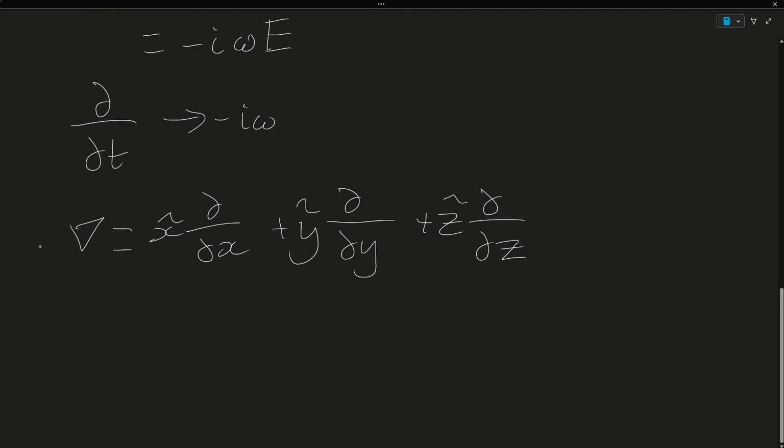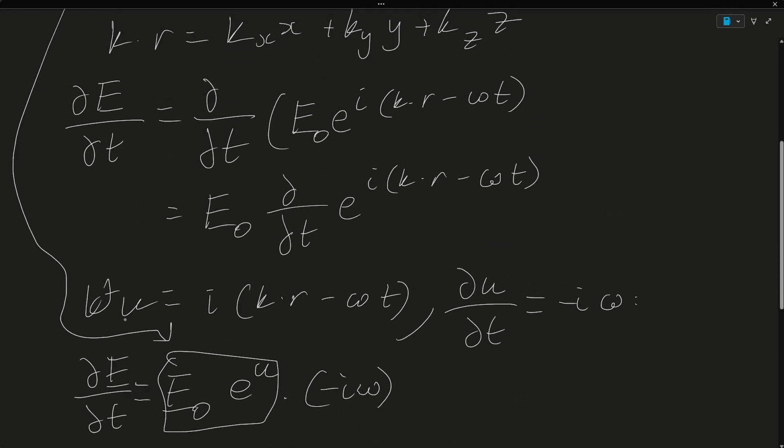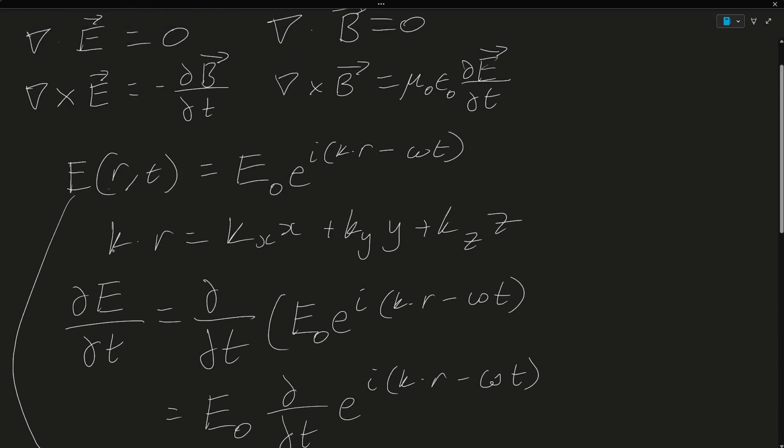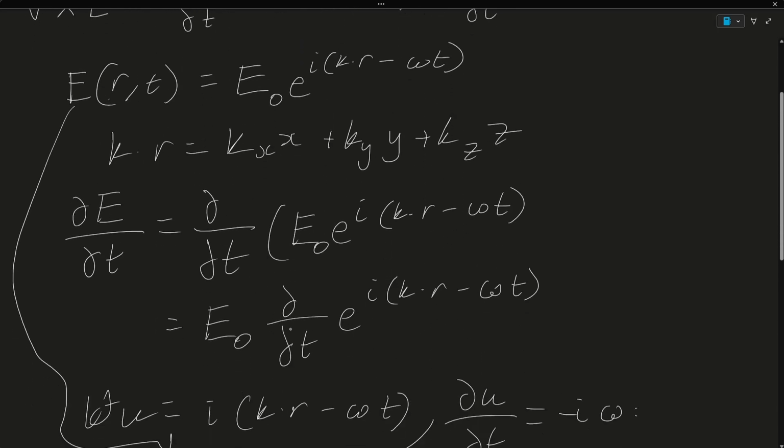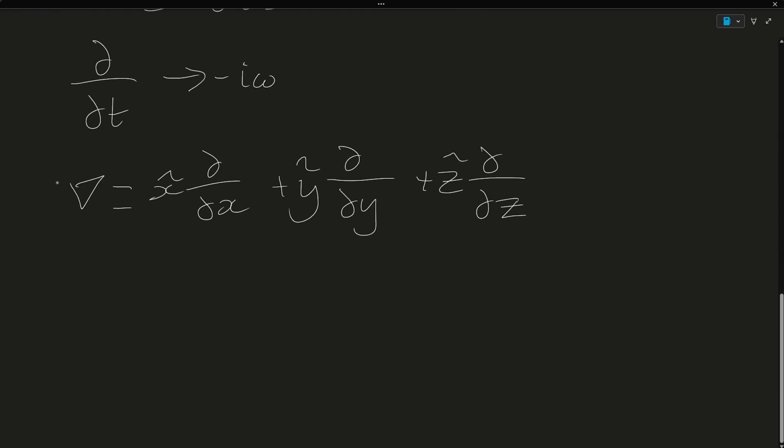Now we can substitute in; this is why our definition of k dot r is useful. Partial E, partial x in this circumstance, and then this would be repeated for the other operators, which I'm not willing to write out, but we can at least see how the differential operators transform on the electric field.